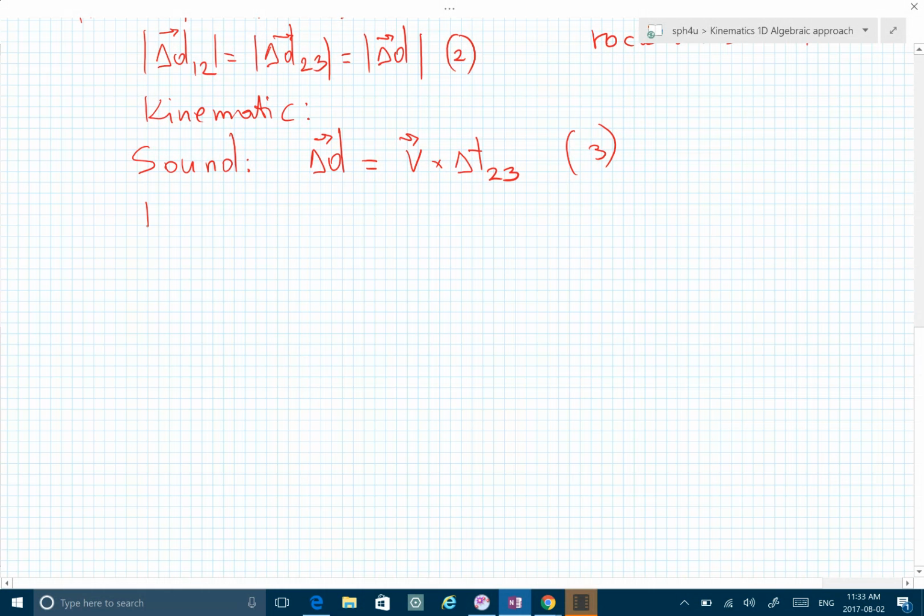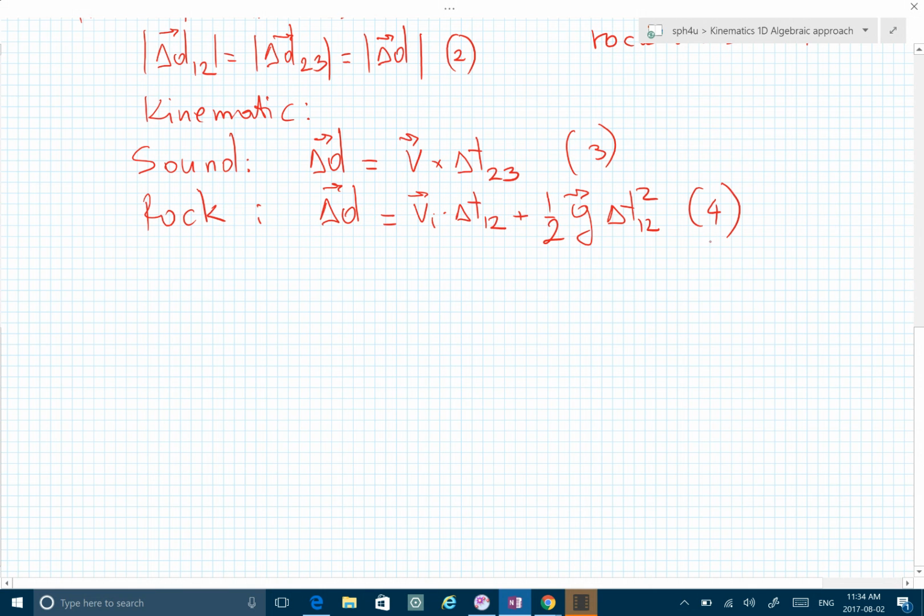And for the rock, we have delta d for the rock, which is the initial velocity for the rock times the delta t from 1 to 2 plus half of the acceleration, which is g, times the time from 1 to 2 squared, right?